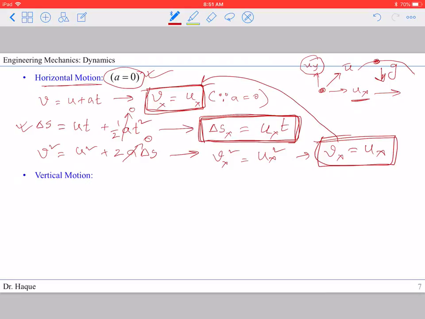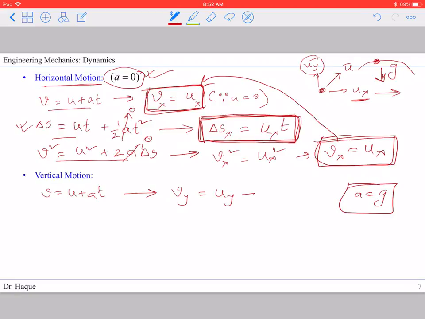Now, what about the vertical motion? We can use the same formulas to derive the vertical motion scenario. Again, we had the final velocity equals initial velocity plus acceleration multiplied by time. If we consider the y component of the velocity, we have the y component of the initial velocity, and acceleration is not zero. Acceleration is equal to gravitational acceleration g, so we say negative gt. Why is it negative?